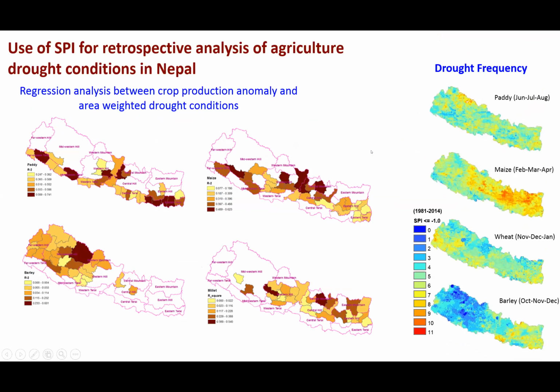For example, if you look at this maize map, precipitation during February, March, April is important for maize in the mid-hill region. And we see that during this time period, the mid hills are under extreme drought conditions. Drought frequency in this region, out of 30 years, goes up to 11 times.